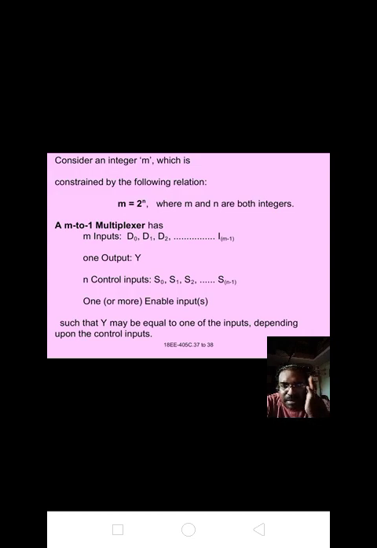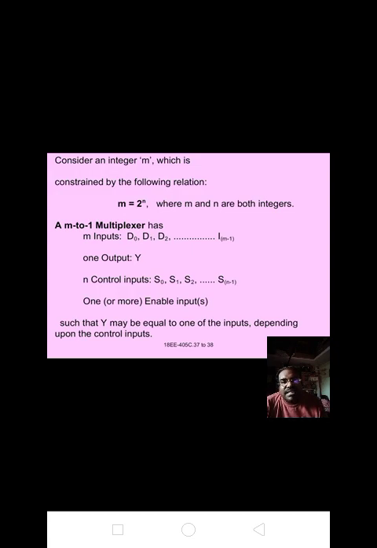An m to 1 multiplexer has m inputs D0, D1, D2, up to D(m minus 1), and one output Y. It has n control inputs, that is S0, S1, S2, up to S(n minus 1), and one or more enable inputs, such that Y may be equal to one of the inputs depending upon the control inputs.